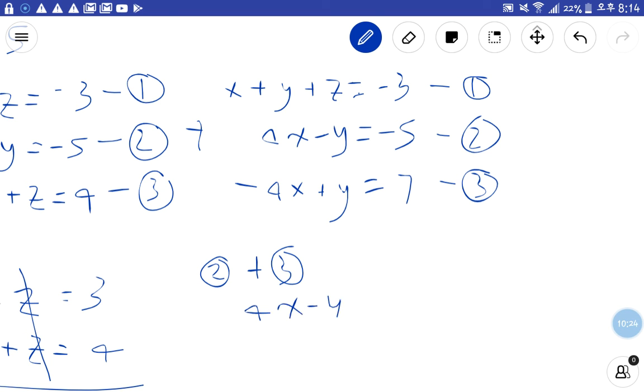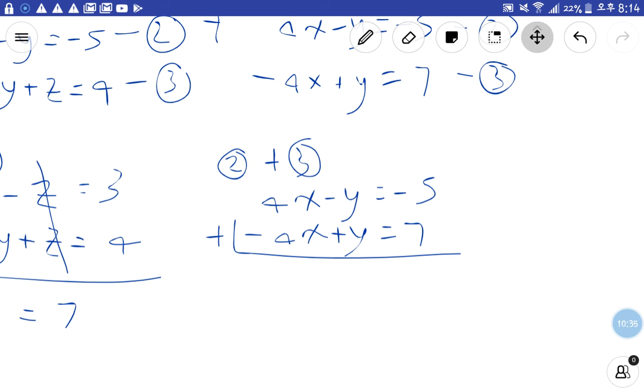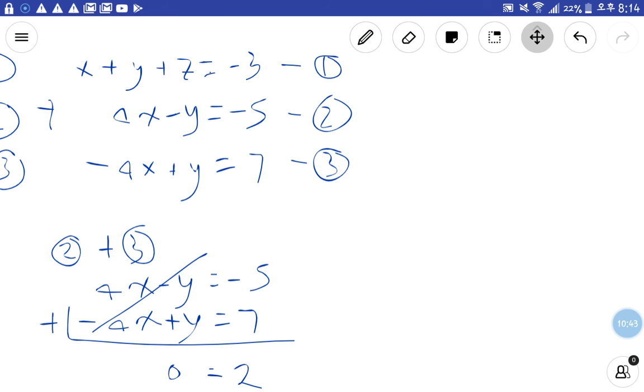4x minus y equals negative 5, and negative 4x plus y equals 7. If you add them up, you can cancel out all the values on your left side, and that becomes 2. That's what I want to see, so that I can conclude my answer. My first one, I'm not going to change anything.